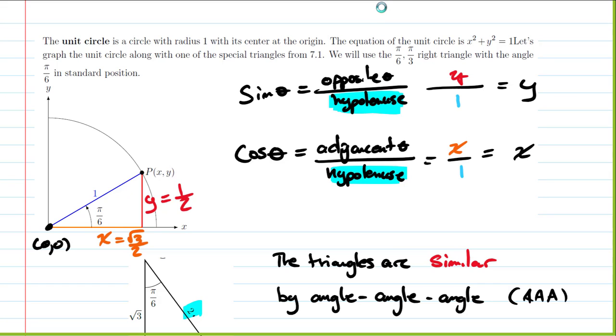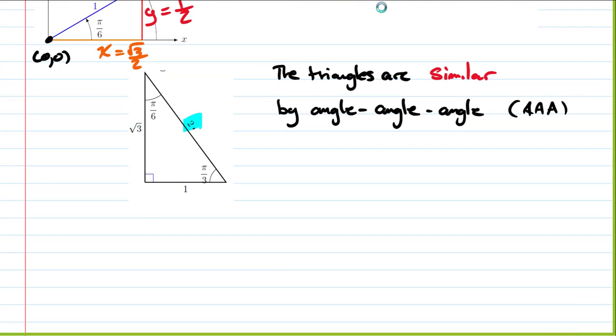So the key idea here is, since the ratios of similar triangles' trigonometric functions are always equal, on the unit circle, we can simplify the definition of sine and cosine. Since the hypotenuse is 1, anything divided by 1 is always itself. So on the unit circle, we have sine theta equals y, and cosine theta equals x.